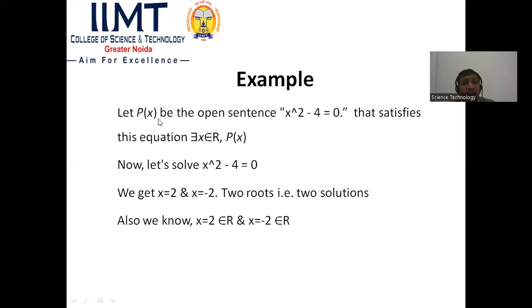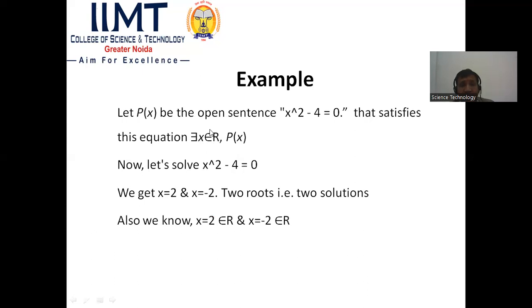Example, here is an example of the existential quantifier. Let P(x) be an open statement: x squared minus 4 is 0. If P(x), an open statement which is saying x squared minus 4 is 0, satisfies this equation, there exists x for R, P(x).